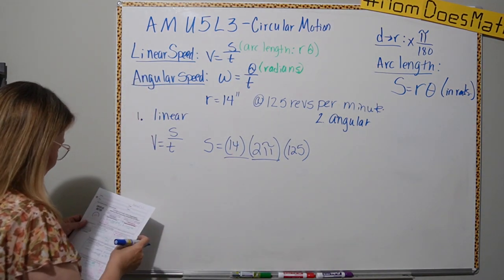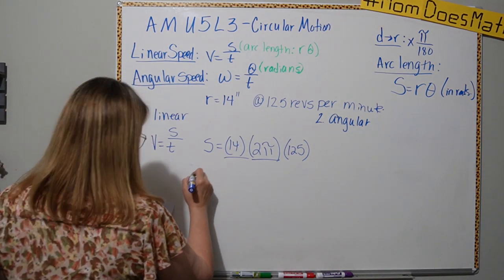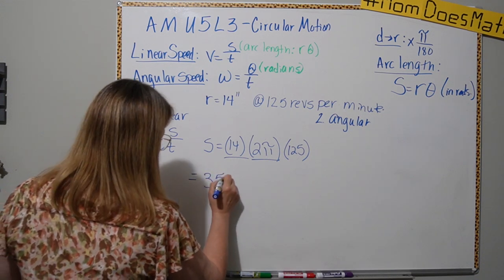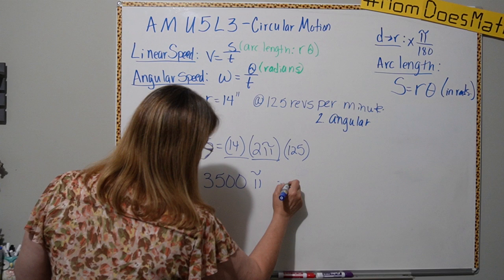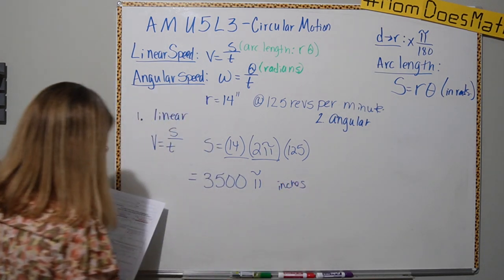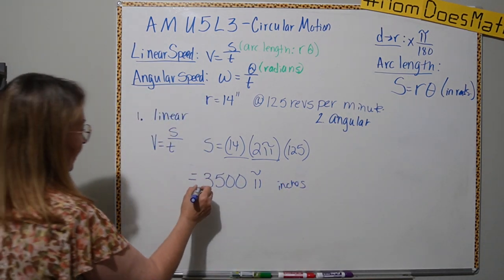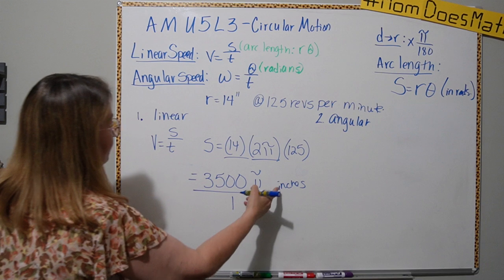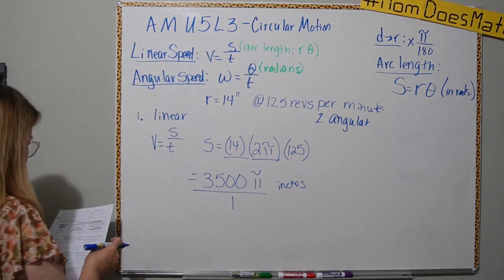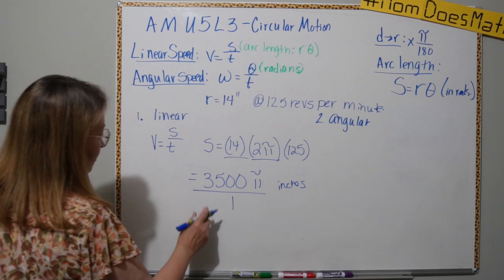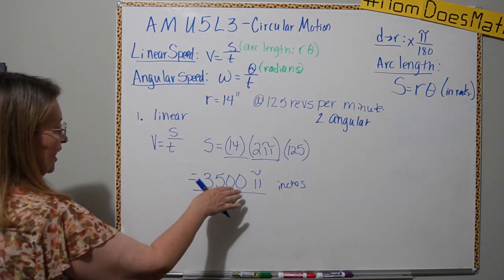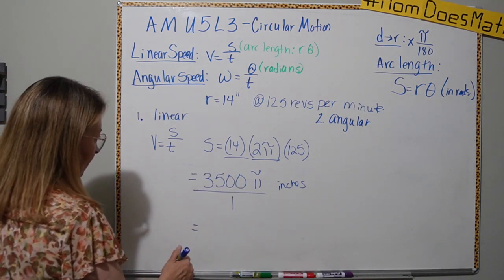So when you do the math on all that, that is going to get you 3,500 pi inches. All right, and that's how much it's going every minute. So here is inches per minute. And we want to change this to decimal. So all you're going to do is 3,500 times pi and hit your enter button.